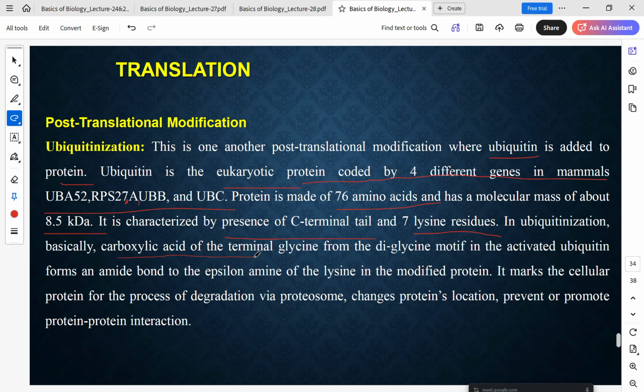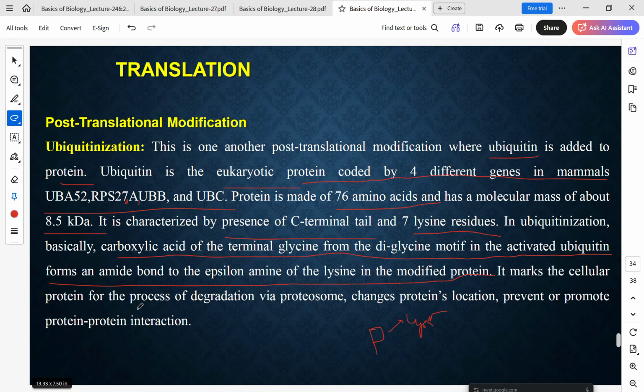The carboxylic acid of the terminal glycine from a diglycine motif in an activated ubiquitin forms an amide bond with the epsilon amine of lysine of a modified protein. So the protein should have a lysine, and the ubiquitinylation occurs on this lysine molecule.